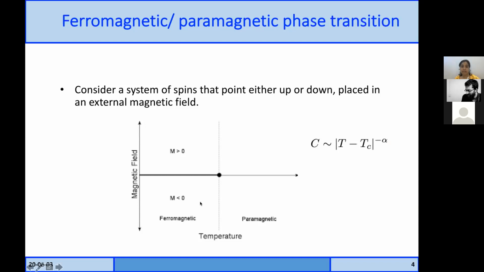This is the ferromagnetic phase, and this is the critical temperature above which the ferromagnet becomes a paramagnet. So this is a ferro-para phase transition. And here again, you can measure the specific heat, and it comes out to be a power law.